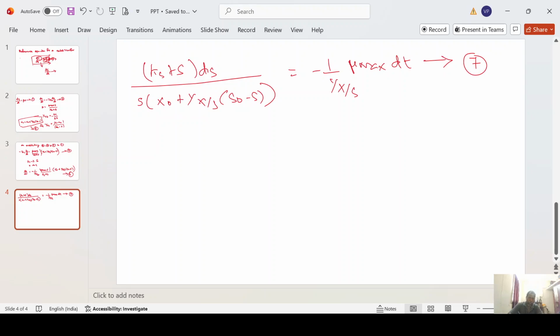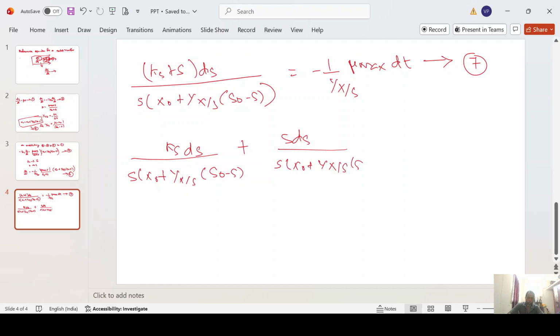So this term could be written as ks whole divided by s into x naught plus yx by s of s naught minus s into ds plus s into ds whole divided by s into x naught plus yx by s of s naught minus s is equal to minus 1 by yx by s mu max dt.